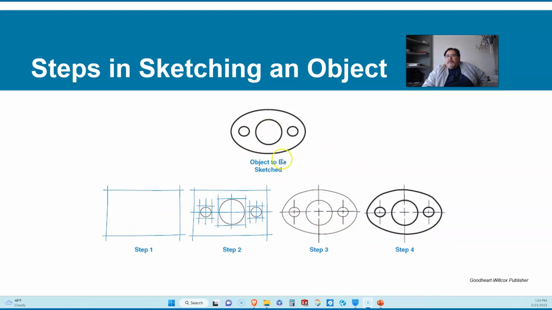Well, I have an ellipse with 3 circles in it of 2 different sizes, and so I would draw the rectangle to establish where the location of the ellipse is going to go, and then, because the center of all of the circles and the ellipse are the same in one direction, I'll draw a horizontal center line through the rectangle, which will also be the center line of the bigger and the smaller circles.